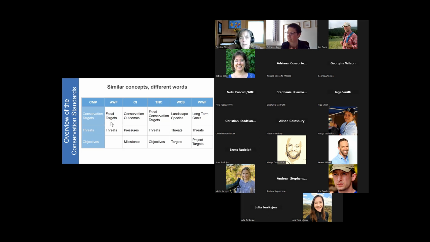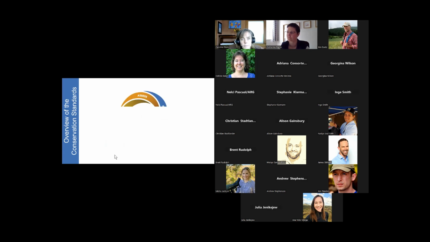And so they mapped the languages across their different organizations, recognized that they're using similar terminology for different things, and decided on a common language that became the basis for the language that now exists in the conservation standards.